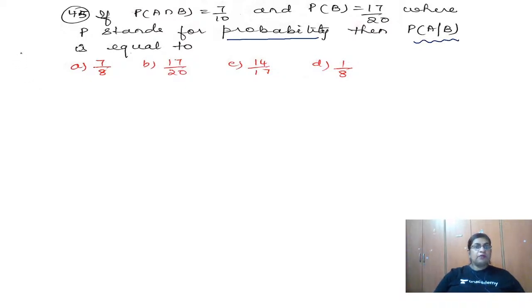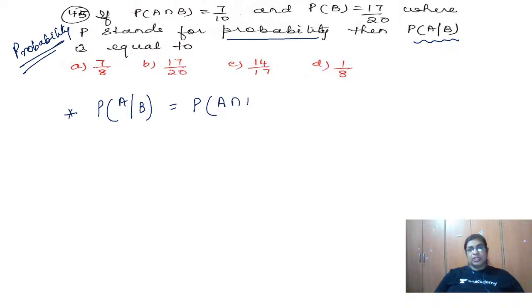This is coming from the probability chapter, and it is a conditional probability question. It is a direct question. So what is the formula? Recall the formula. It's an easy formula: probability of A given B is probability of A intersection with B, whole divided by P of B.